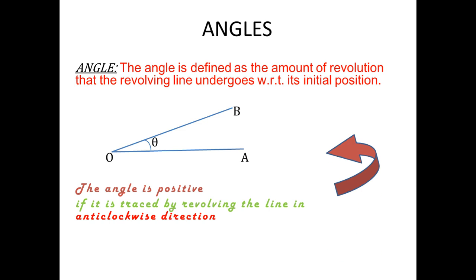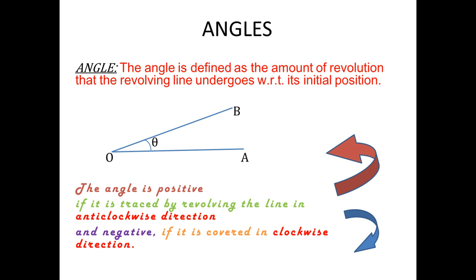This is your anti-clockwise direction, opposite to that of the hands of a clock. And the angle is negative if it is covered in the clockwise direction. This is your clockwise direction.